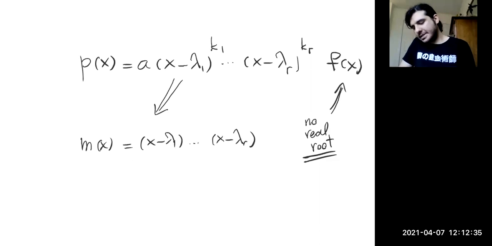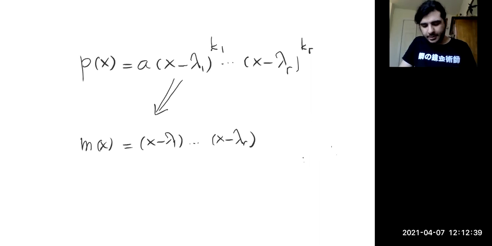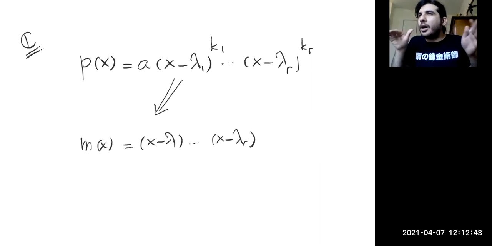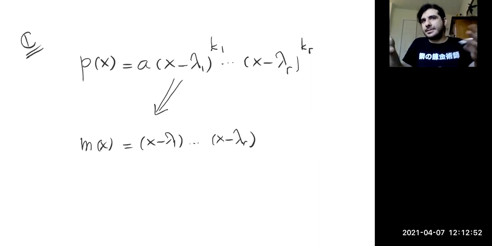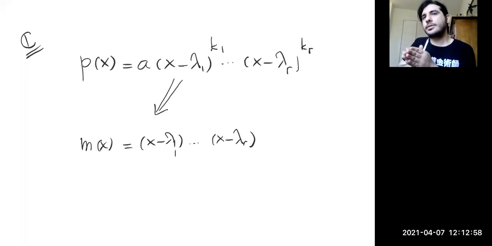Let's, for simplicity, suppose we are thinking over C. I will come back to explain this difficulty. Because if the field is C, any polynomial can be completely decomposed into linear factors. Now, the minimal polynomial would have exactly all these roots.